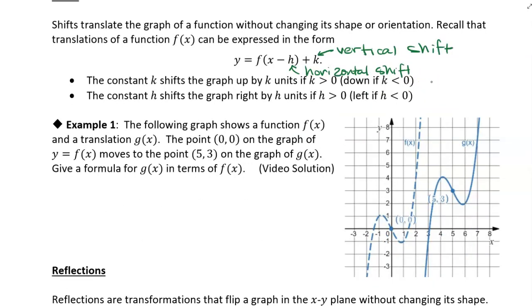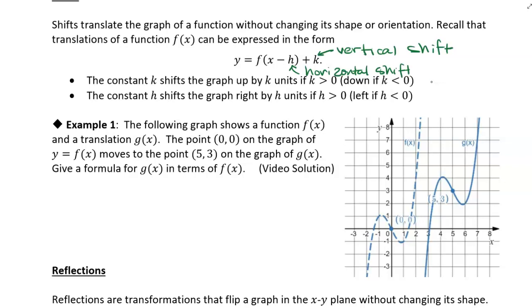The f of x function is the dashed line, and it goes through 0, 0. It looks like some sort of maybe cubic function, passing through 0, 0. Then we have a translation of that function that passes through 5, 3. We're asked to give a formula for g of x in terms of f of x. So we just need to figure out, okay, what are the shifts going on?